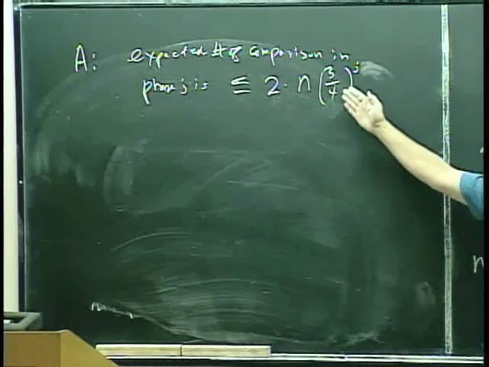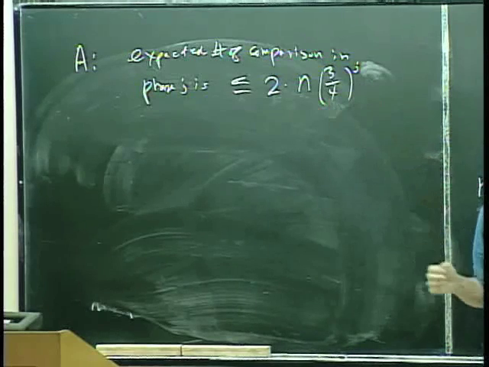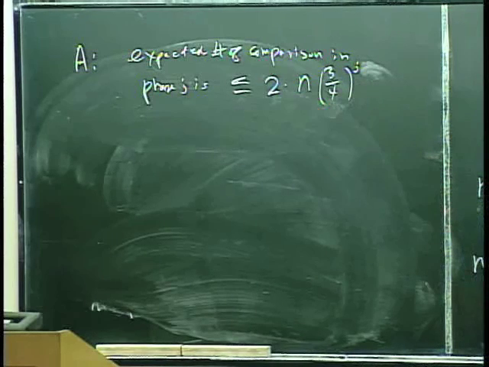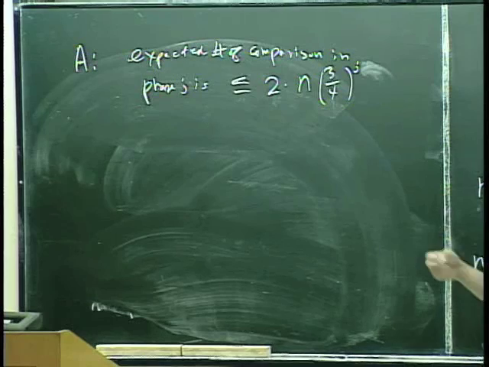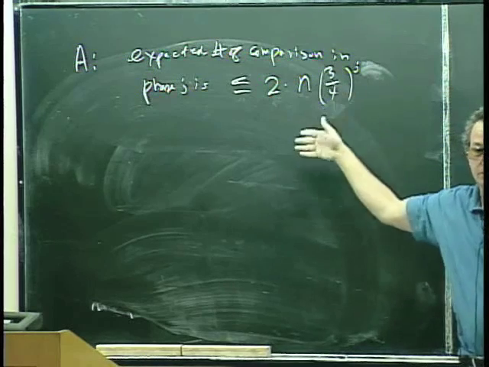This is the expected number of picks until you pick a central splitter. But what we're really interested in is the number of comparisons in phase J. Do you have to pick a central splitter before you get out of phase J? That's one question you should be able to answer on your homework. And secondly, if you get out of phase J without having picked a central splitter, what happens to this analysis?